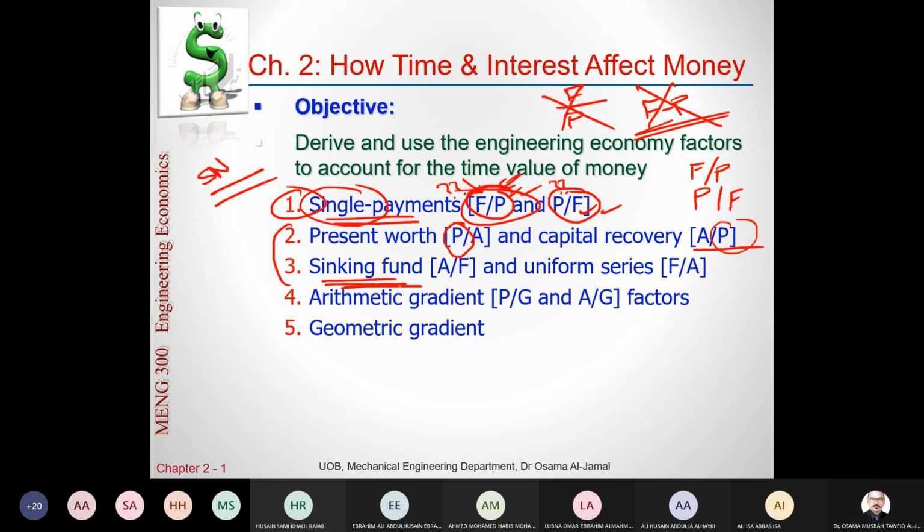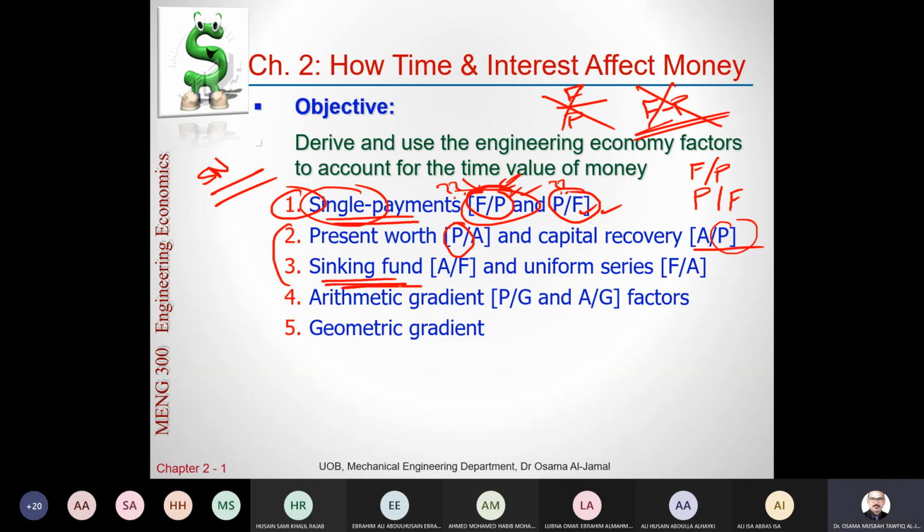Sinking fund. A given F. In future, want to reach a certain amount. Say, for example, you want to have 10,000 BD after 5 years. How much to put yearly in a bank, in a saving account, to reach that amount, knowing a certain interest rate paid for that investment.